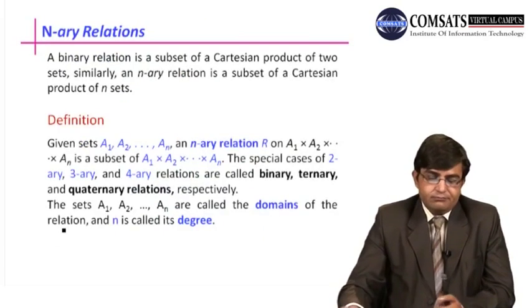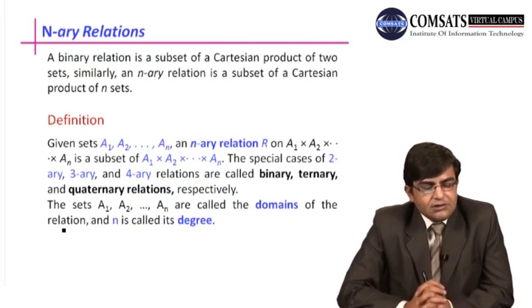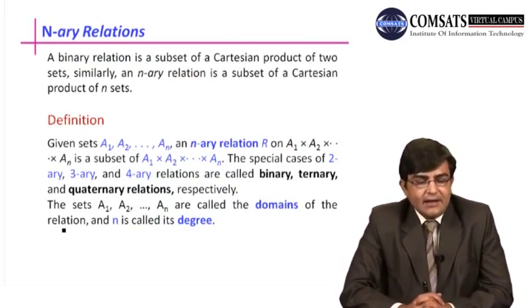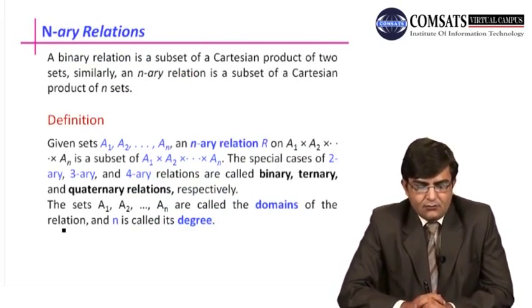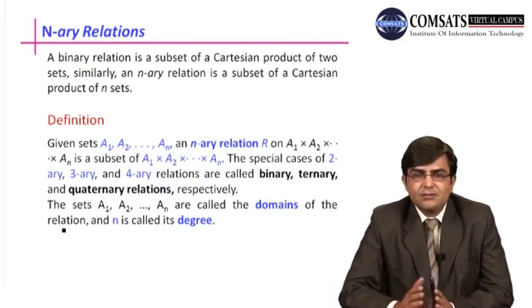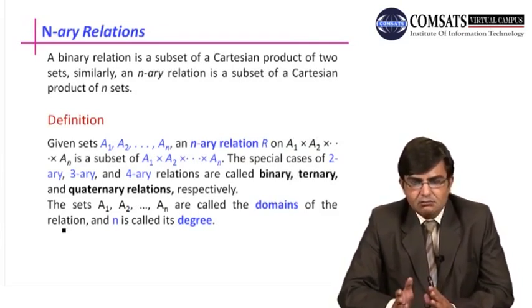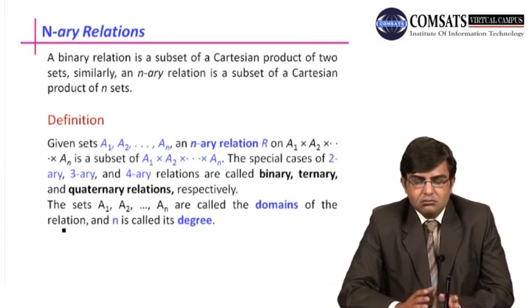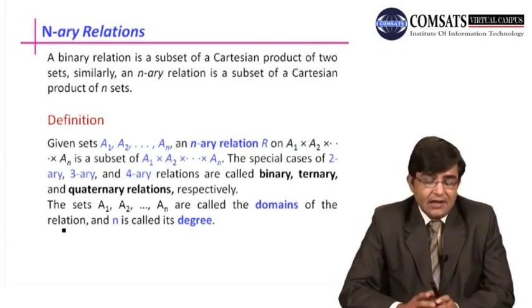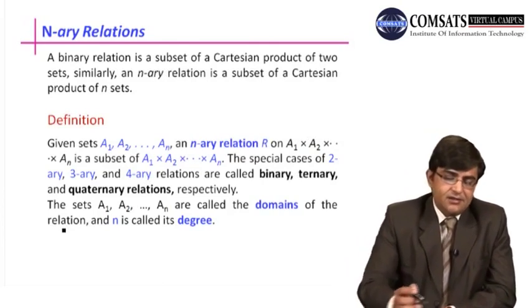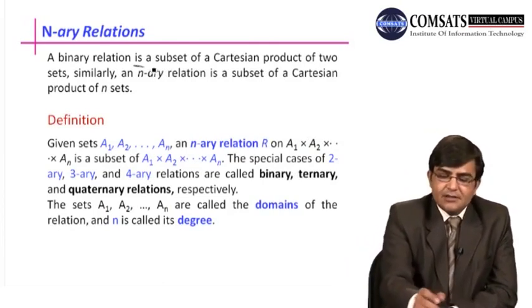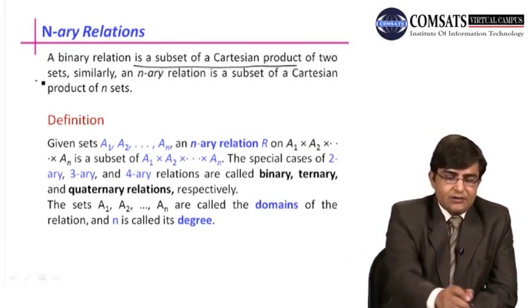Now we see what is an N-ary relation. In N-ary relation, we generalize the concept of binary relation to N-ary relation. A binary relation is a subset of Cartesian product of two sets.